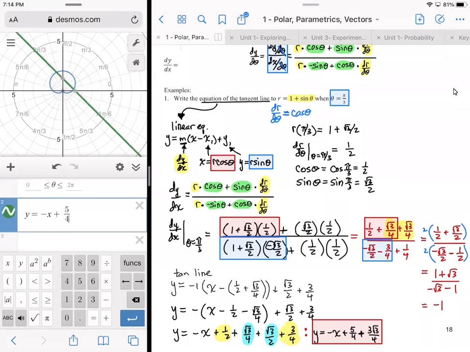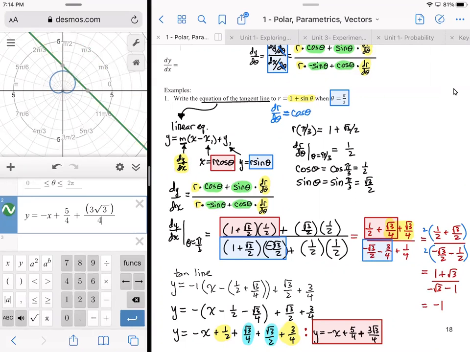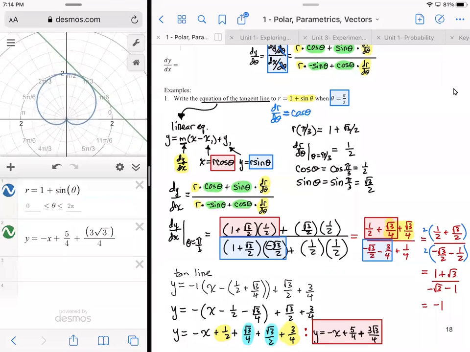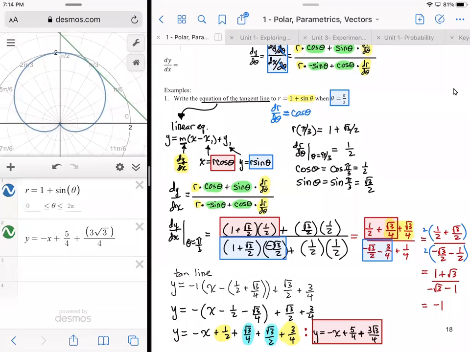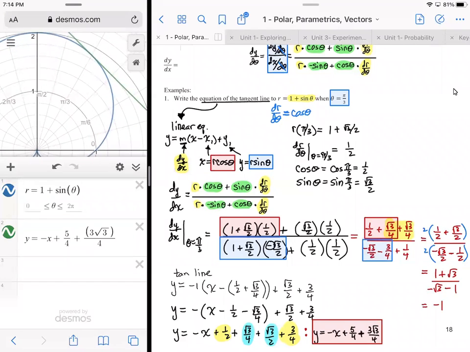Well, this is a good sign. All right. And so that does look tangent at pi over 3. So I'm feeling pretty good about this solution.